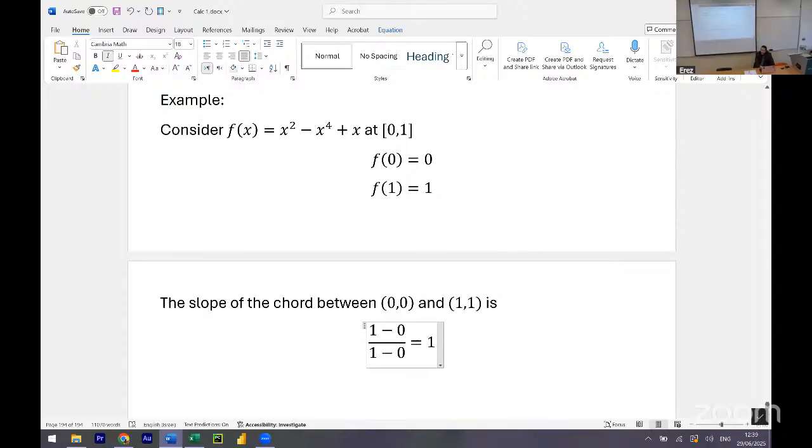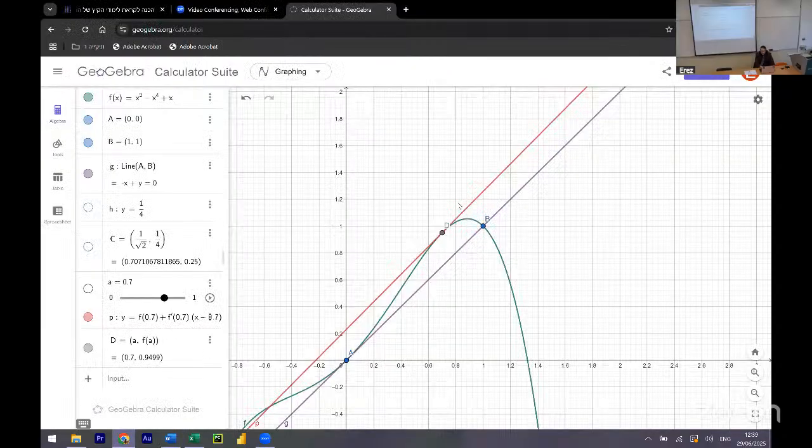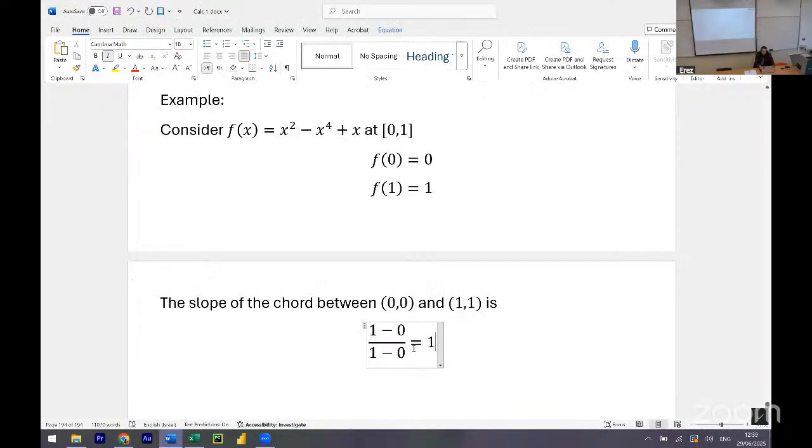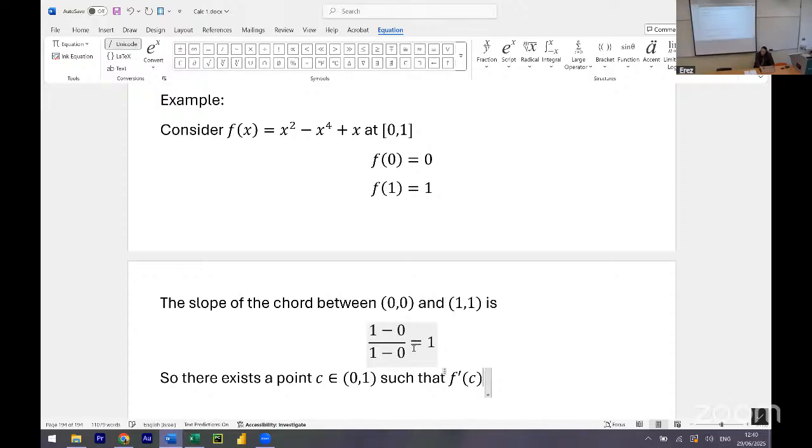So Lagrange promises me that the tangent at some point must equal 1 as well. Let's find this value. So there exists a point c between 0 and 1 such that f prime of c equals 1. The tangent is exactly parallel to the chord.